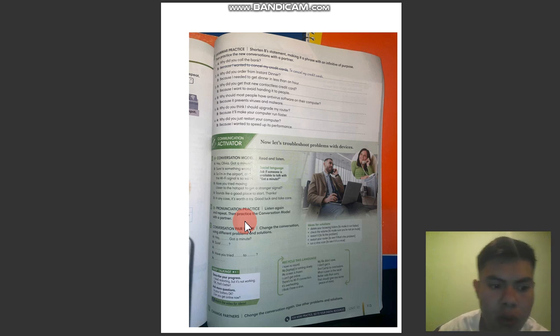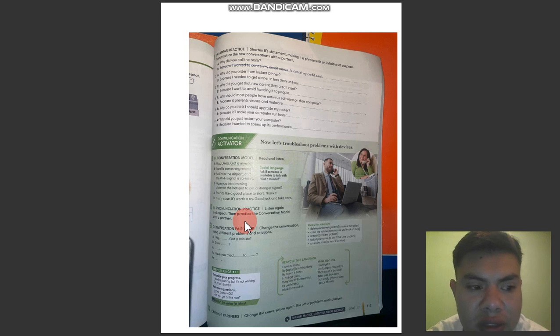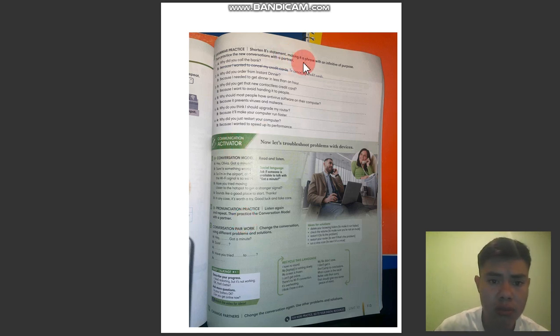We move on to page 113, where the first exercise provides examples of conversations to practice using infinitives such as why and how to respond to that question.